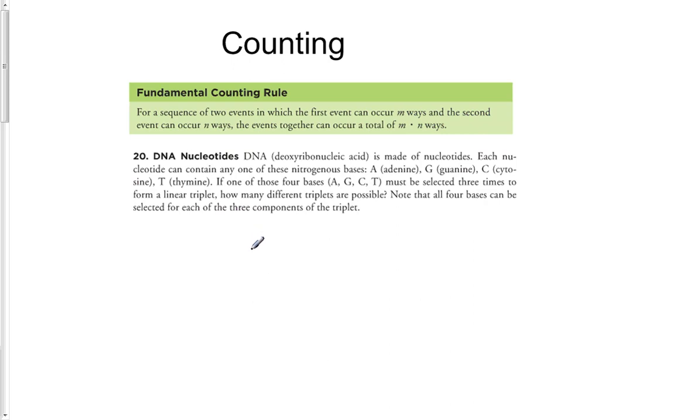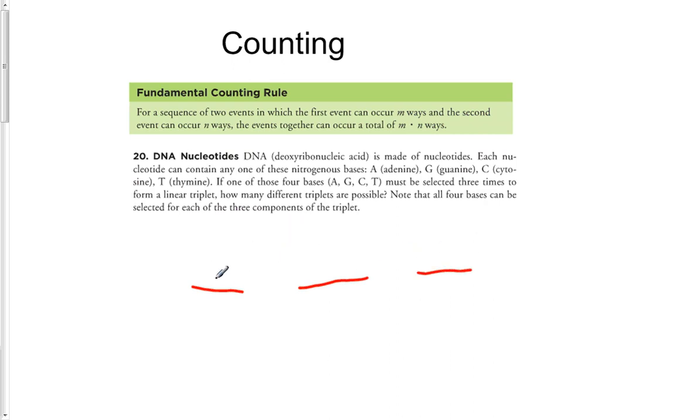Note that all four bases can be selected for each of the three components of the triple. So what that means is, let's say we have a triple. We're going to choose three of those letters to form a triple.